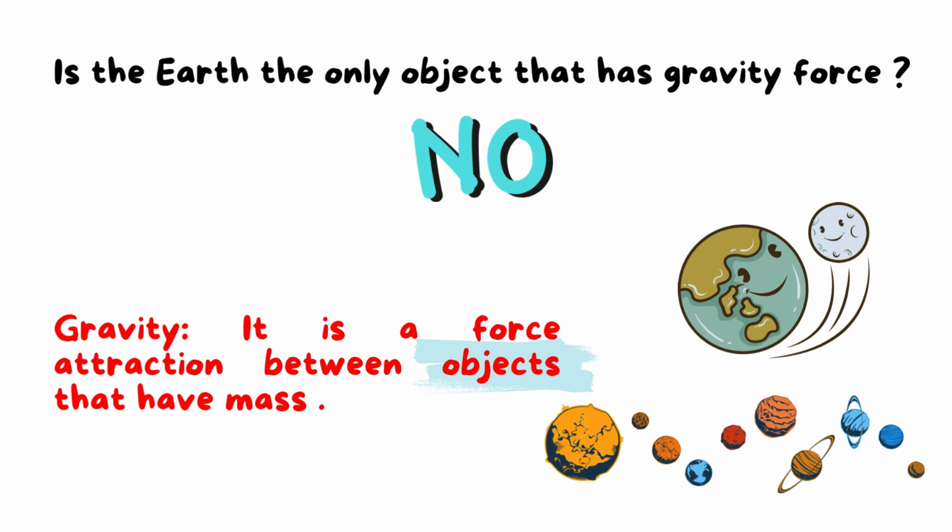So objects that have mass have a force of attraction, which is gravity, such as the moon, Earth, and the sun. All of these are examples of objects that have gravity.